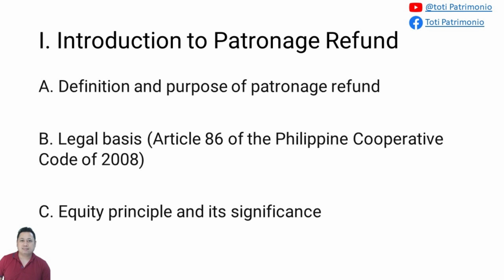Okay, so another purpose is for financial transparency. But let me repeat that. The number one purpose is, yes, equitable distribution. The second one is encouraging participation. And another one is the financial transparency. Now, by transparently allocating patronage refund, cooperatives demonstrate their commitment to financial openness and accountability.